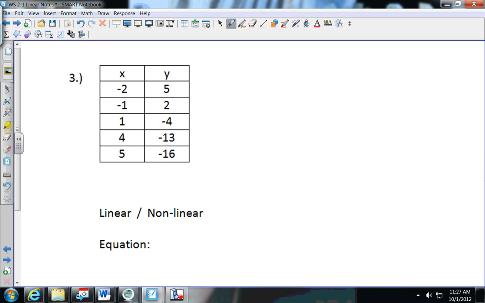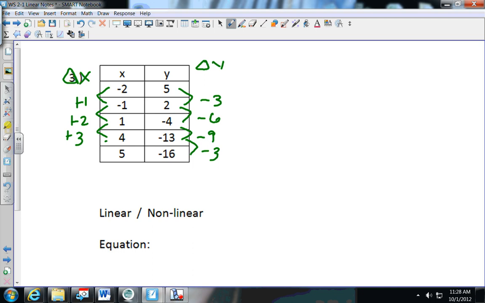The next one, delta y, the change in y: minus 3, minus 6, minus 9, minus 3. Well, that's okay. I have to look at delta x. Plus 1, plus 2, plus 3, plus 1.